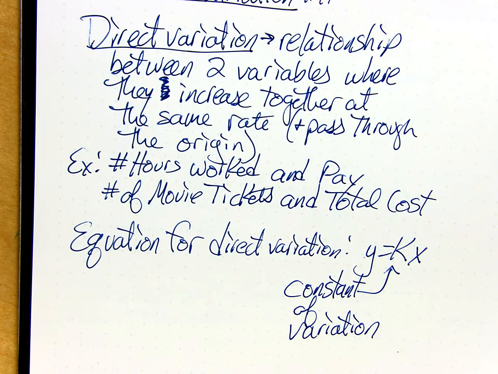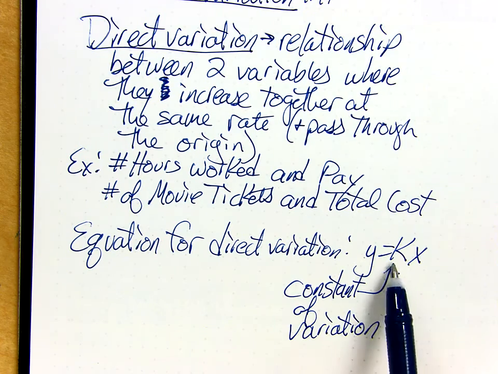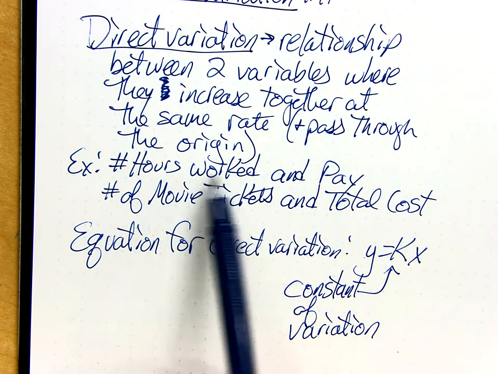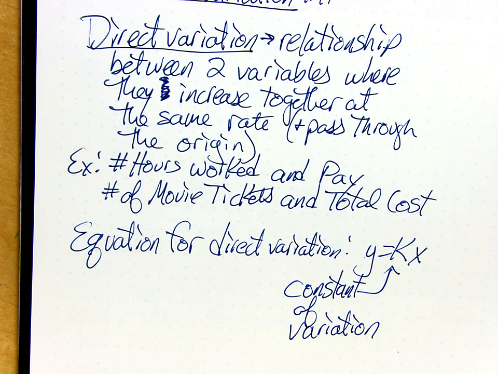Is it 2 people or 6 people or 10 people or whatever? But the cost per ticket doesn't change. Same thing, go back to the example about the number of hours you work and your pay. The constant of variation, the thing that doesn't change, is how much you get paid per hour. So if you're getting paid $10 an hour, it doesn't matter if you work 2 hours or if you work 20 hours.